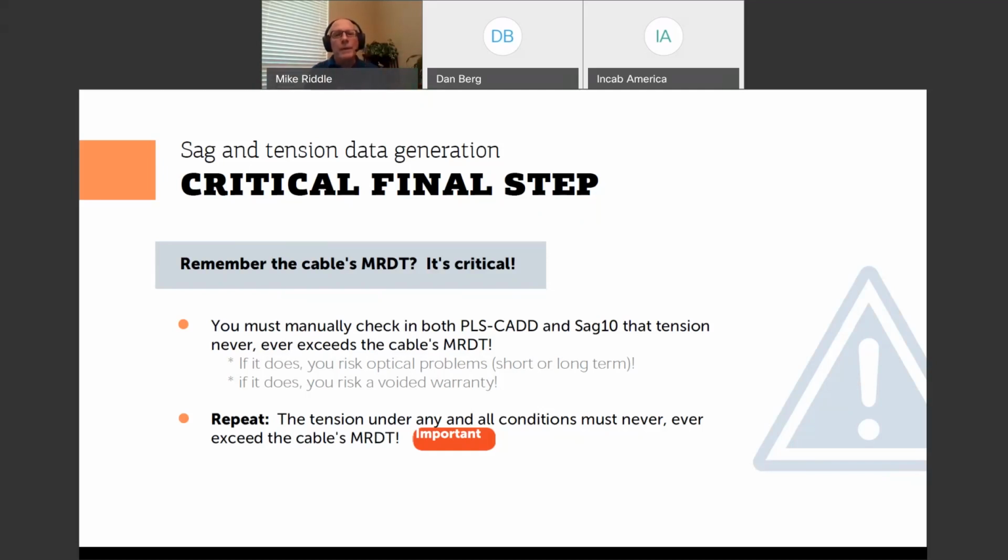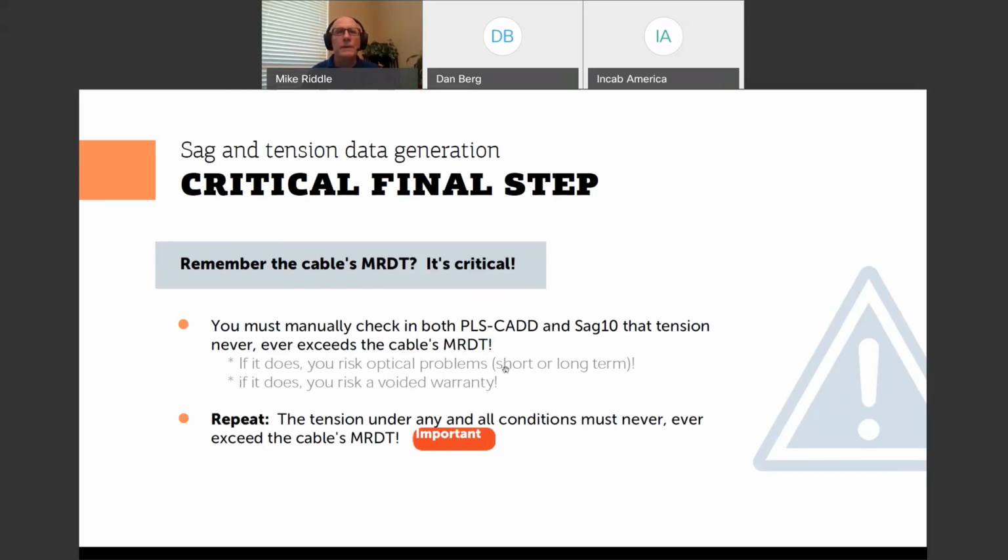But with fiber optic cable, and specifically OPGW, if you go above the maximum rated design tension, that point is set to protect the optics. So if you exceed it, you risk damaging the optics in the cable. That could take the form of a short-term problem, right?